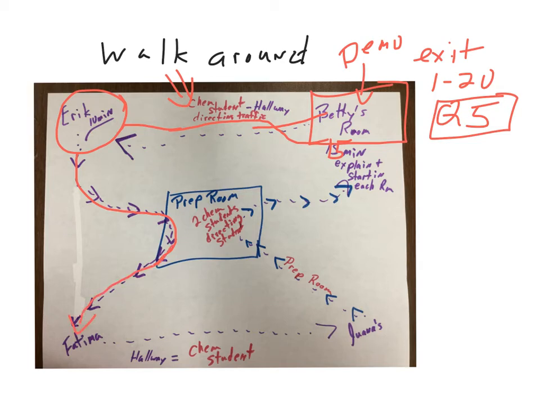The students in Fatima's room, after their 15 minutes there, are going to go through the outside hallway. I'm going to have a chemistry student there, and they're going to go to Janie's room. And Janie's class is going to go through the prep room. I'm going to have 2 chem kids directing traffic in there, and they're going to lead into my room.